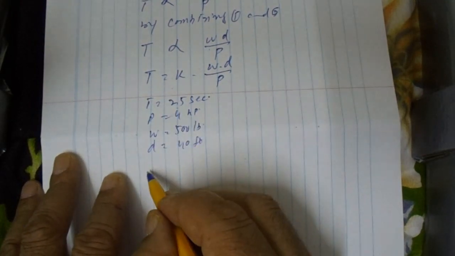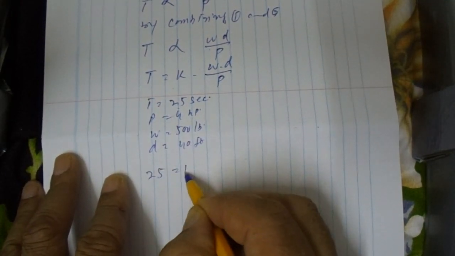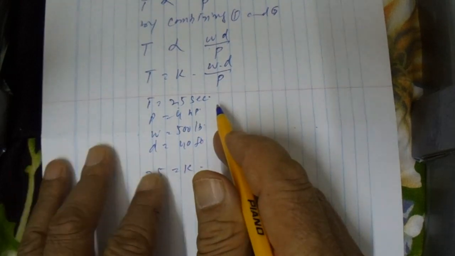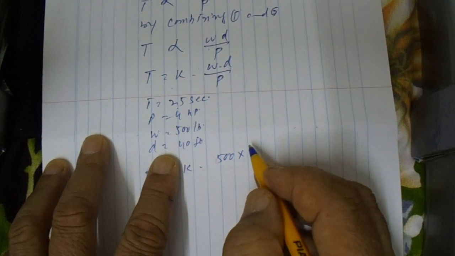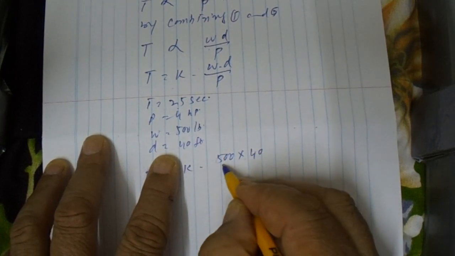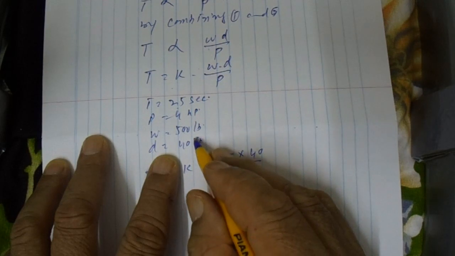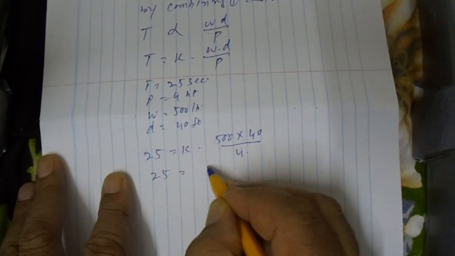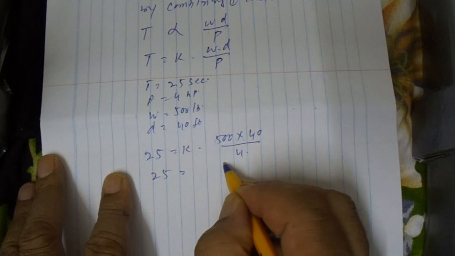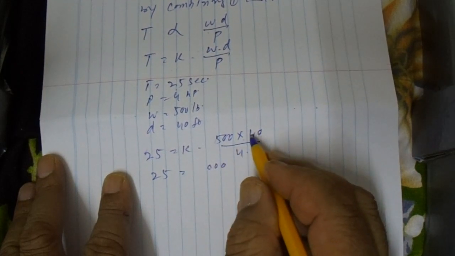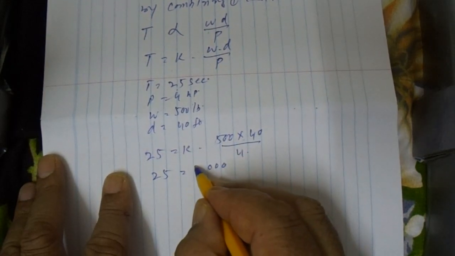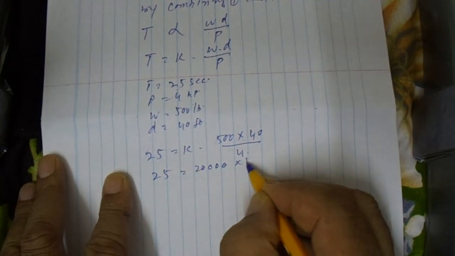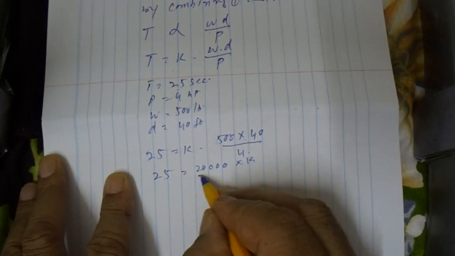Now T is 25 seconds, equal to K, W is 500 multiplied by 40 over P, which is 4. Again we write 25 is equal to K times 20,000 over 4.